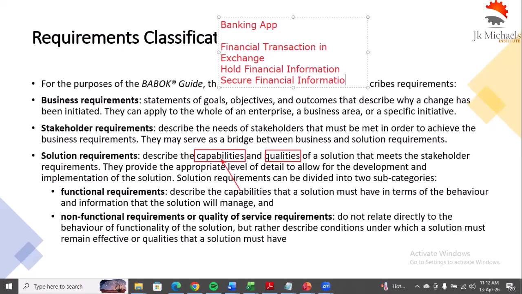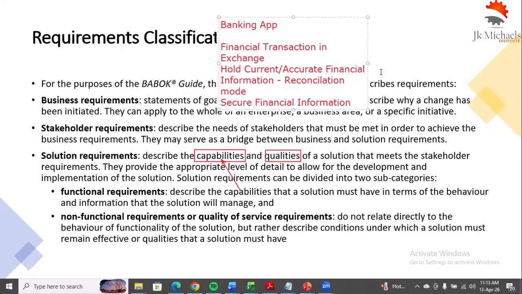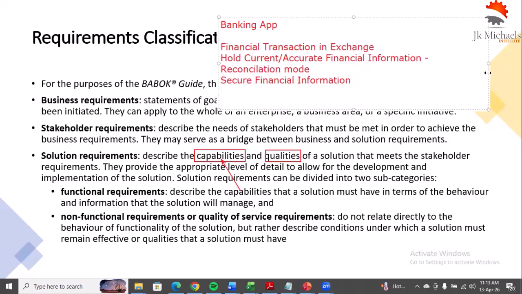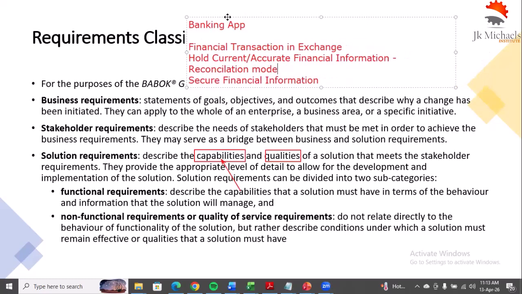And then one will expect that it should also be able to adapt, right? So not only hold financial information, but hold current and accurate financial information. So this would mean that if a transfer or changes in transactions happen, there should be a reconciliation mode. There should be account reconciliation, right? That is the functioning of a banking app.